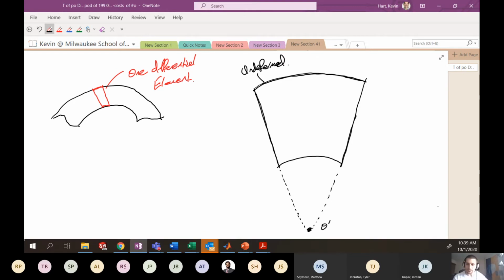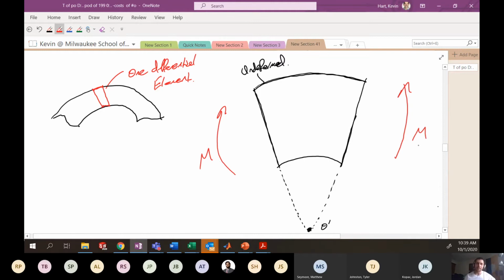When we put a bending moment onto this thing, it is going to deform even further. So now let's put a bending moment on. It's going to deform to look something like this, again highly exaggerated.